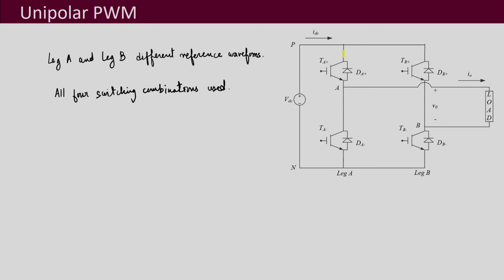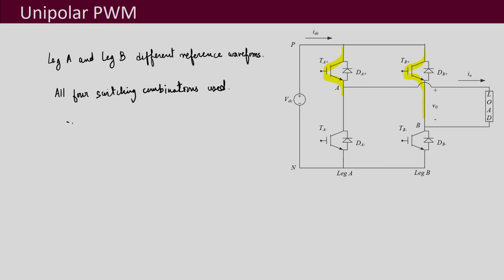Now, for example, let us say the upper switch is on for leg A, and for leg B also, the way the reference waveform is for leg B, the upper switch of leg B gets on. In that case TA plus TB plus is the switching combination which is going to be used. Then it may so happen that both the lower switches are on together, depending on leg A's reference waveform and its comparison with the carrier, and leg B's reference waveform in comparison with the carrier.